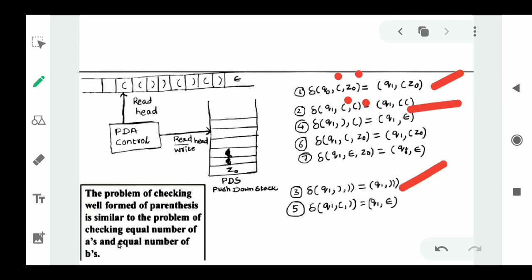The third step is, if the input symbol is a right parenthesis and the top of the stack is also a right parenthesis, we will just insert it into the stack. The fourth step is, if the input symbol is a right parenthesis and the top of the stack is a left parenthesis, we will just pop that symbol from the stack. That doesn't mean that in the beginning we must get a left parenthesis only. After that, there is a possibility of getting a left parenthesis or a right parenthesis.